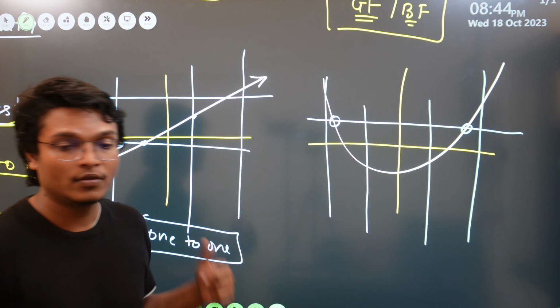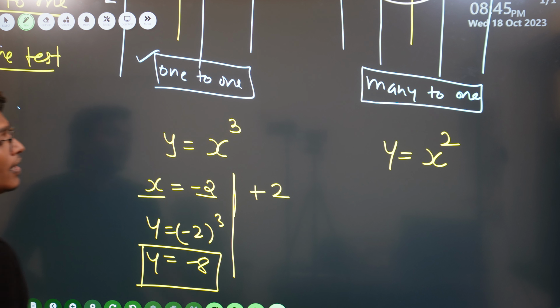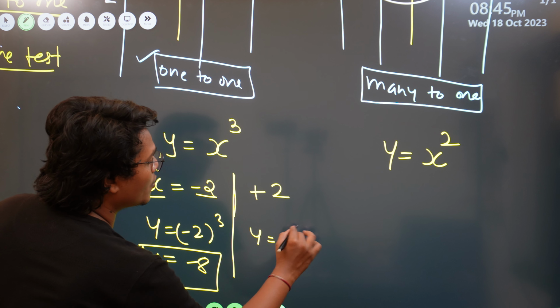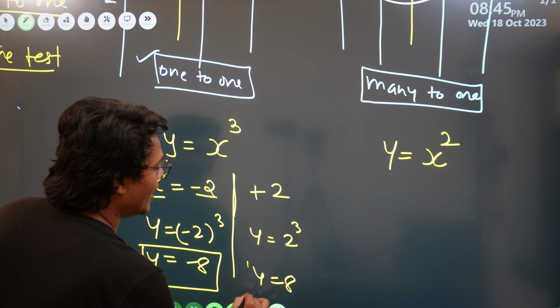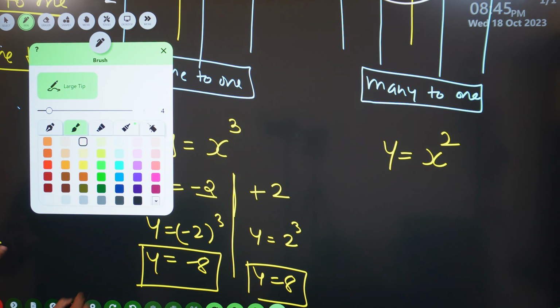So when x equals -2, then y will become (-2) cube, that will be equal to -8. Am I right? If I solve for 2, I will get 2 cube, that is 8. Correct? So if you notice, for different inputs I am having different outputs. Yes or no? That's why it is becoming a one-to-one function.